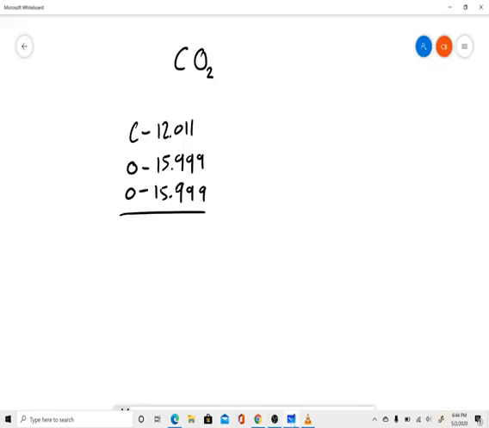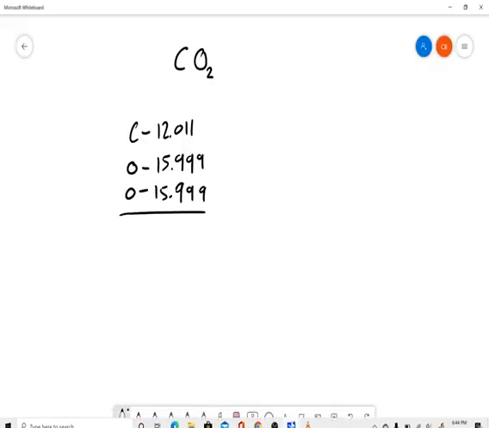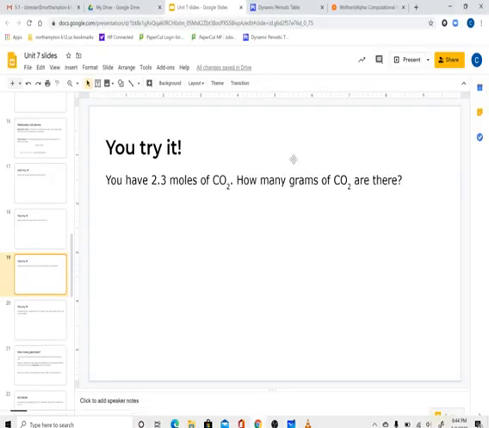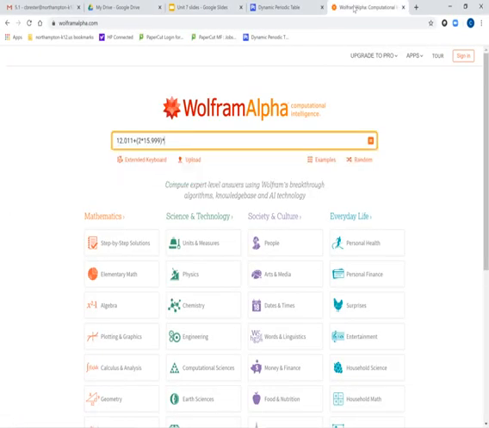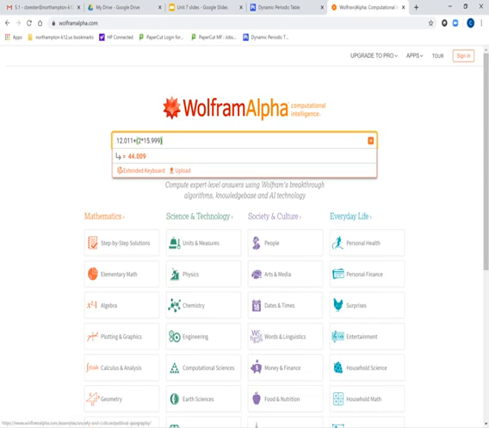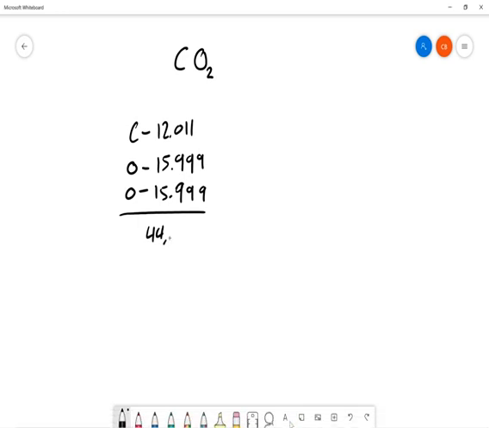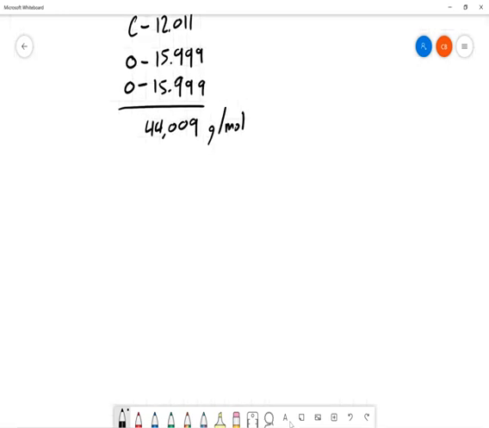Let me go back because I am skipping all over the math here. Before we care about how many moles we have, it's 44.009, and we are dealing with moles, so I'm going to put grams per mole. Right now that's CO2, 44.009 grams per mole.